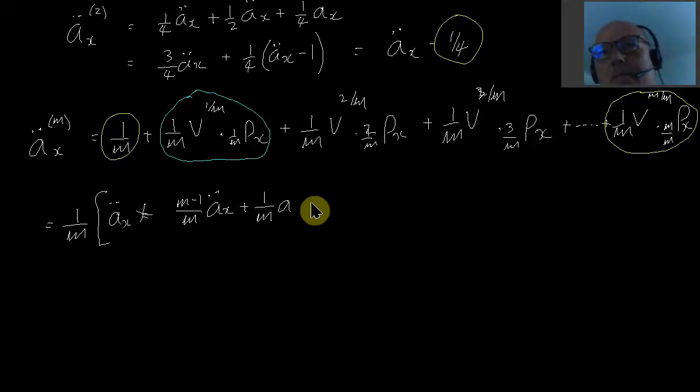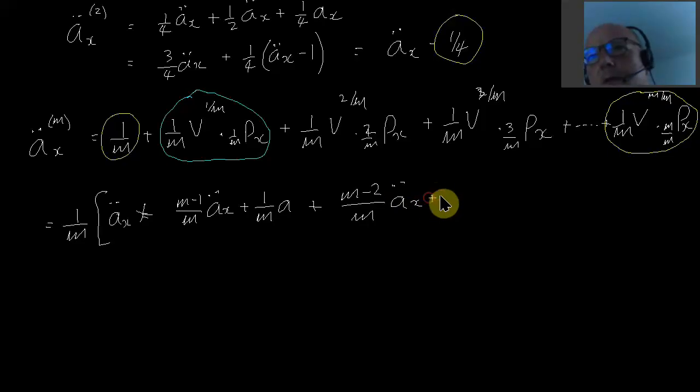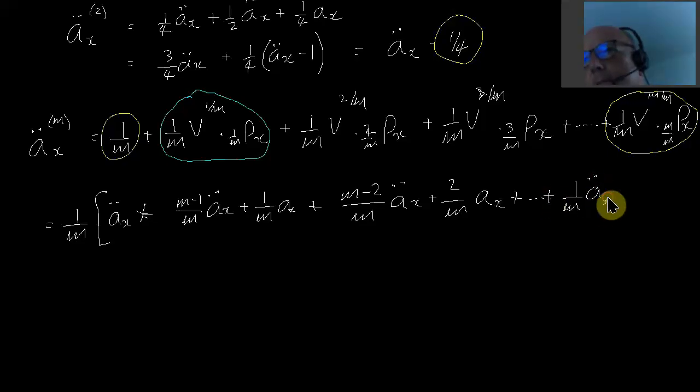Then the next term is 2/mths of the way from annuity due to annuity immediate, so that is m minus 2 over m times annuity due plus 2 over m times annuity immediate, plus, and we go all the way up to 1 over m annuity due plus m minus 1 over m annuity immediate, and that's it.